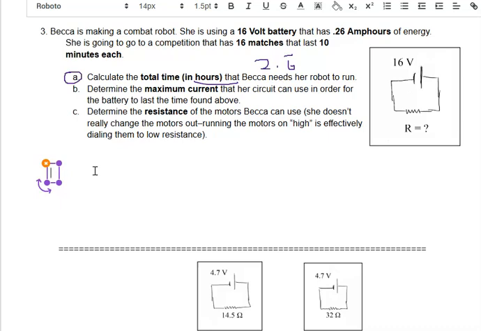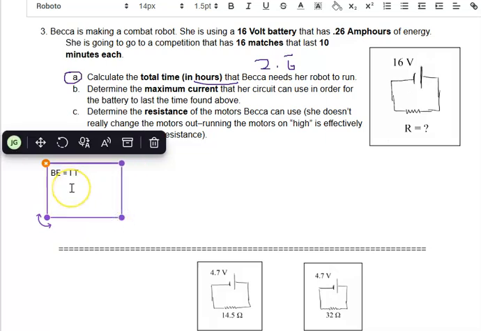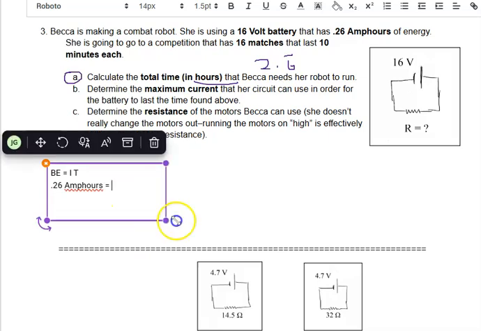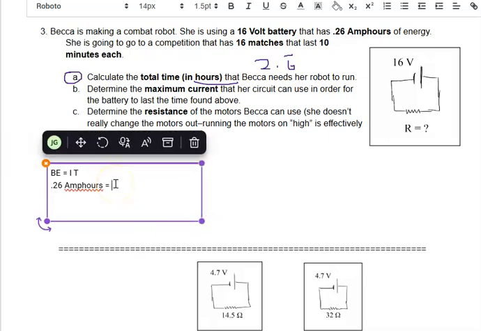Maximum current and time means we're doing battery energy equals IT, and the battery energy was given as 0.26 amp hours equals the current, which we don't know, times the time, which is 2.6 repeating.